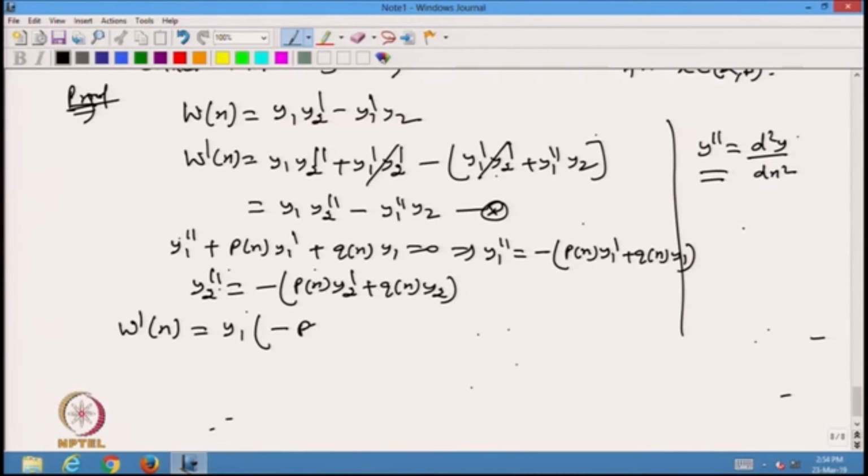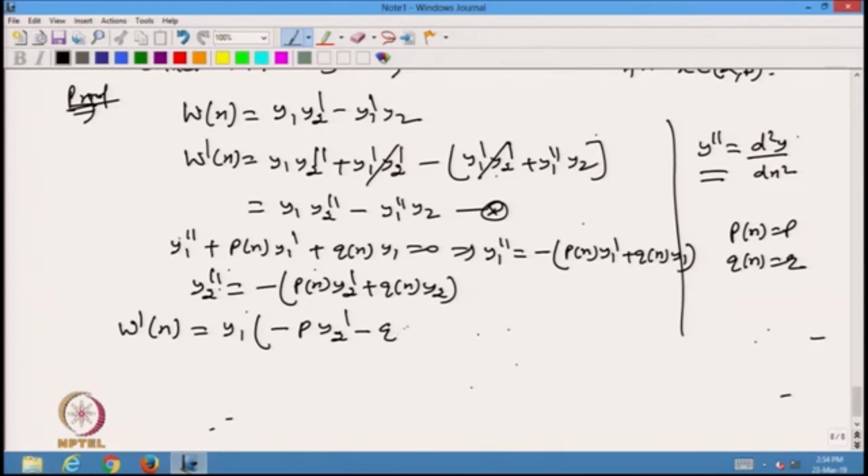Sometimes, to make things easier, we write p(x) as p and q(x) as q. So I am writing this as minus p y2' plus q, sorry, this is a minus, so it will be minus sign also.